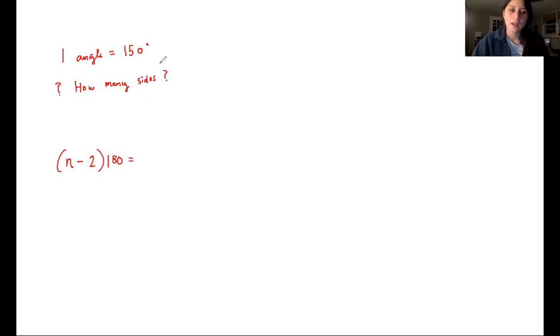Now, let's say one of these angles is 150, and this is a regular polygon, meaning all the angles are the same.